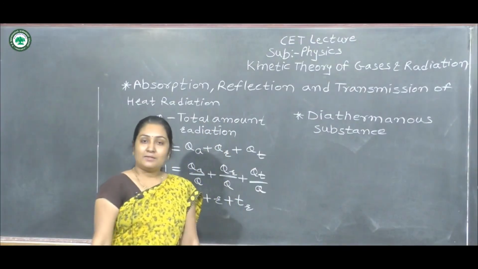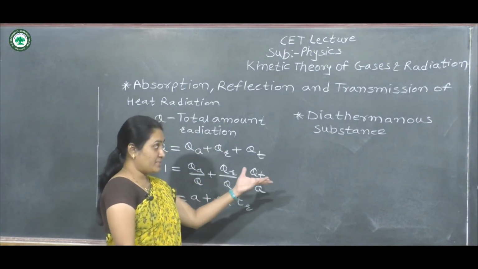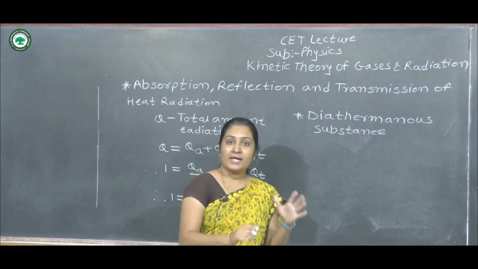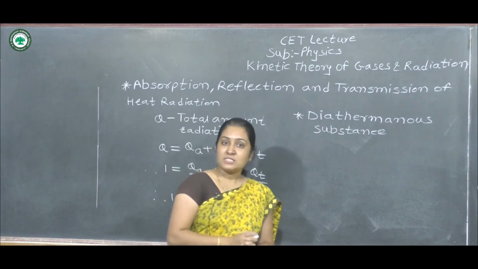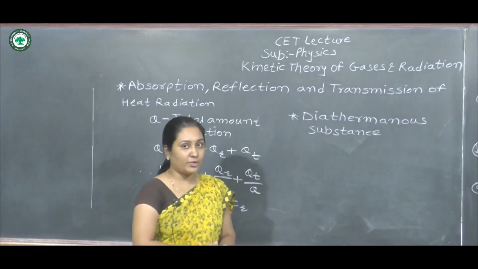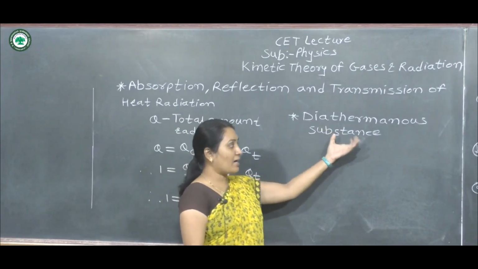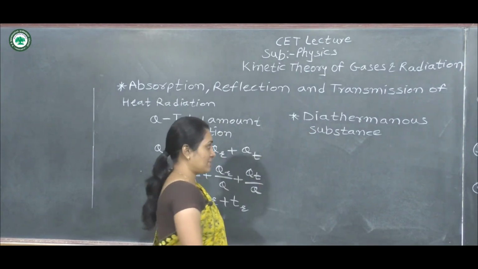Diathermanous substances are substances through which heat radiations can pass. That means if a substance passes heat radiation through it, then that substance is called a diathermanous substance.